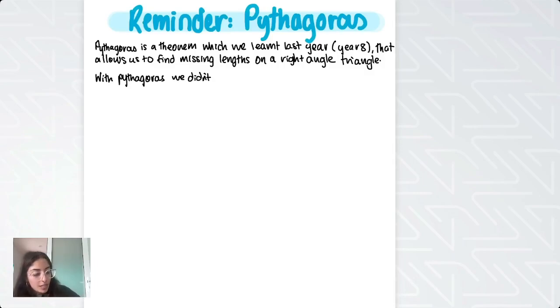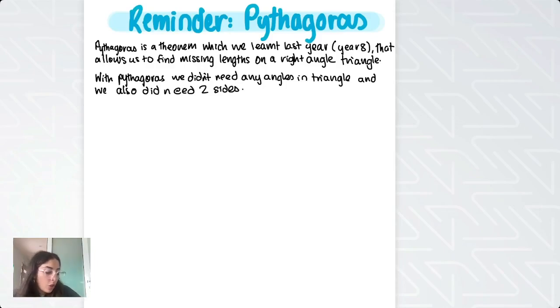So with Pythagoras, for example, we didn't need any angles in the triangle. And we did need two sides.